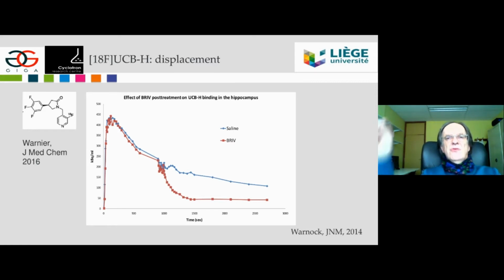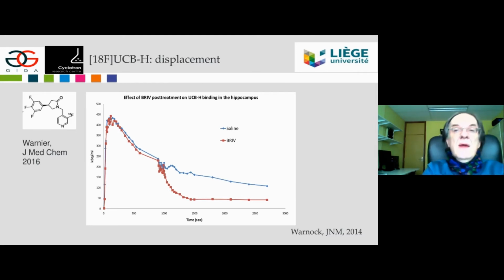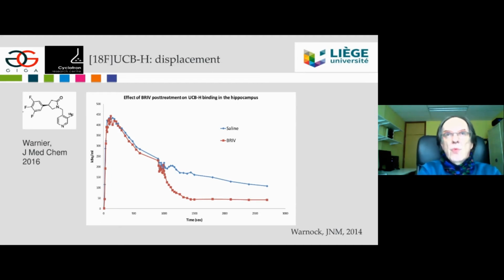But what you want to show is that effectively the binding is clearly on the site you've got in mind. Because you might, for example, have a binding in the lipids, the white matter of the brain, which means that in that condition you are not able to measure any density of receptors because you are measuring another kind of binding.